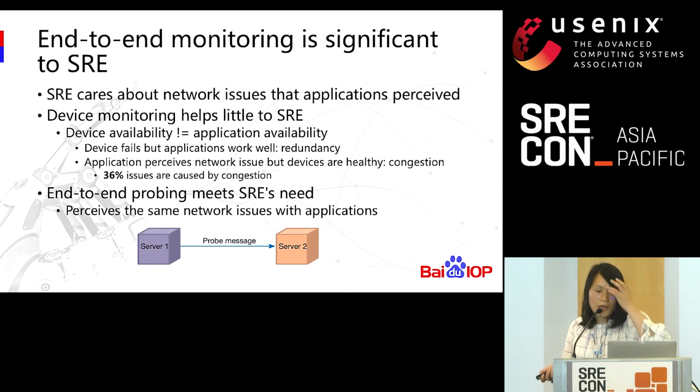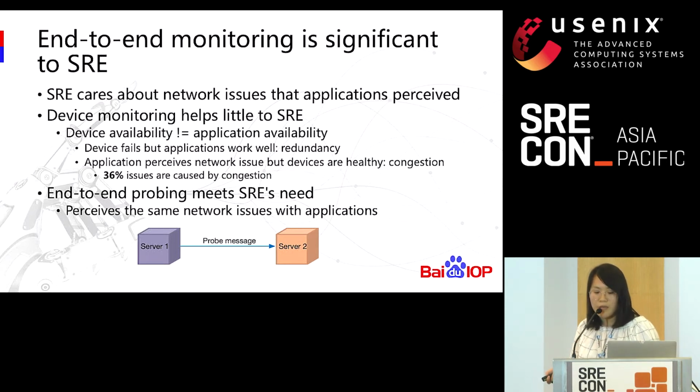As we all know, SRE is responsible for application availability. They care about all the network failures that applications perceive. It's a common and effective method to detect device failure based on syslog. Unfortunately, device monitoring helps SRE little because device availability is not consistent with application availability.